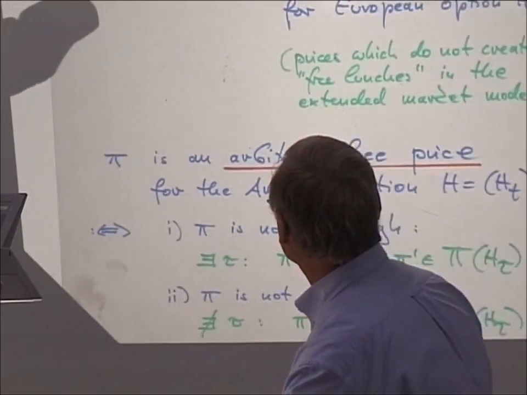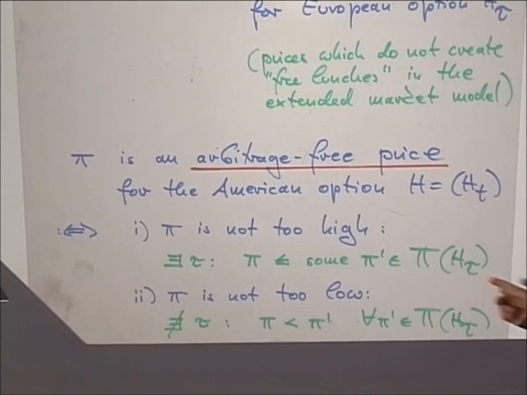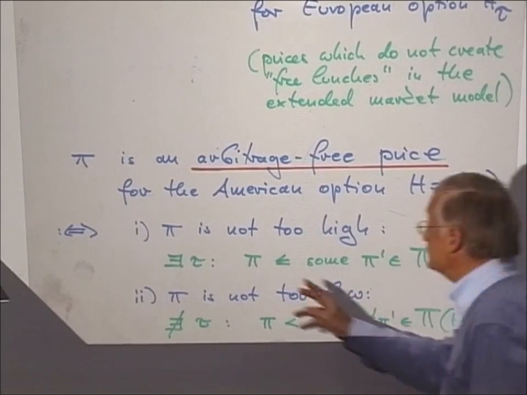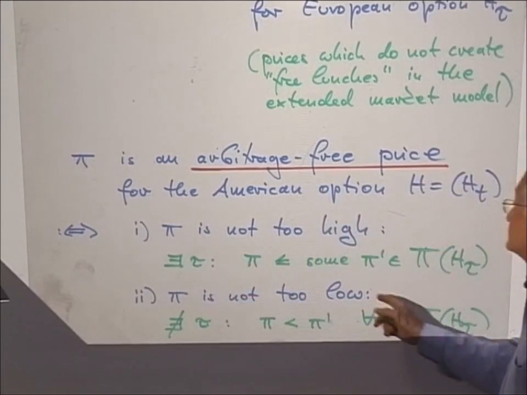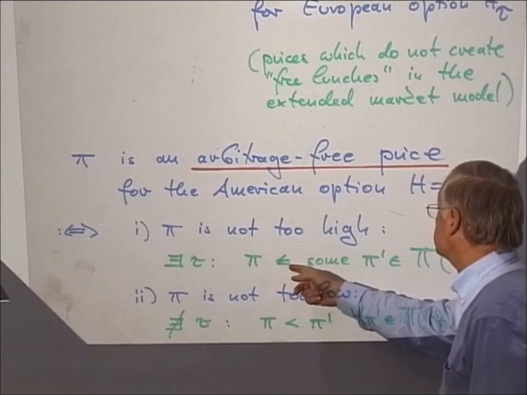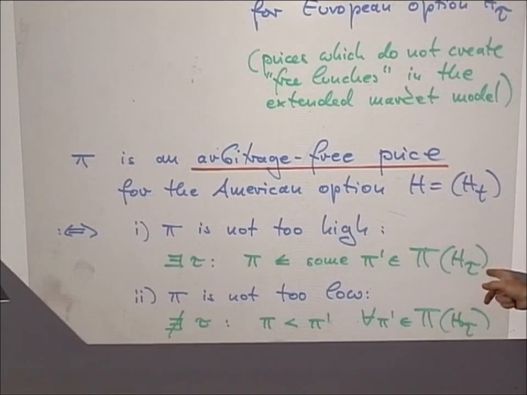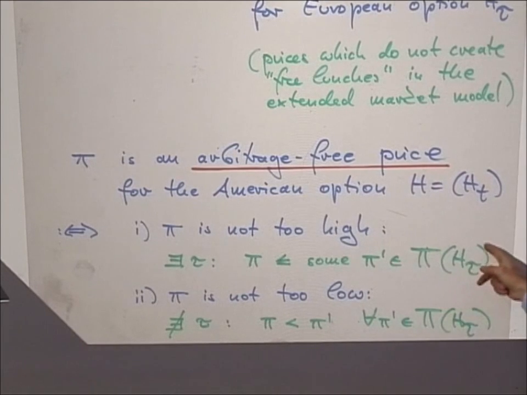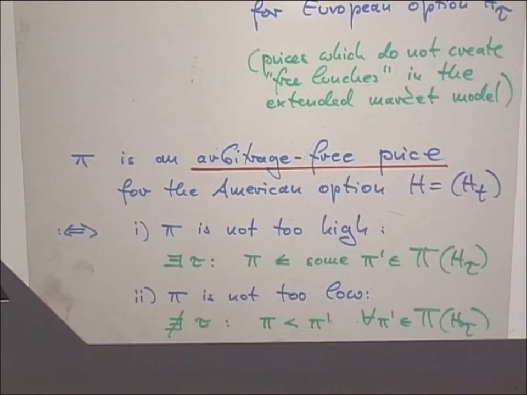Now what do we do for the American option? Let's take the following definition. We say that P is an arbitrage-free price for the American option if, in the first place, P is not too high, in the sense that there is some way of exercising such that P is not above at least some arbitrage-free price for the European option corresponding to that stopping time.